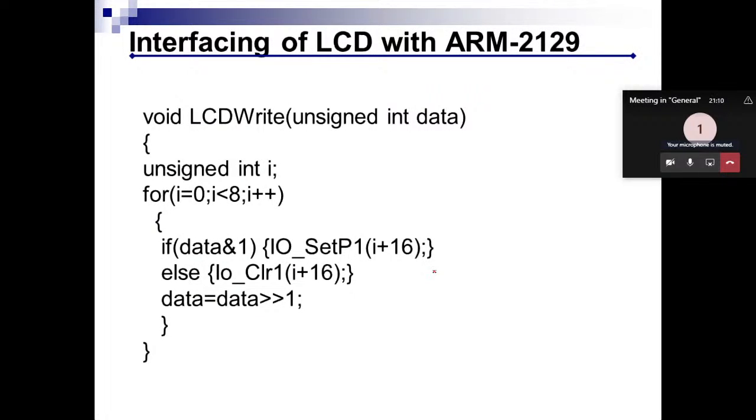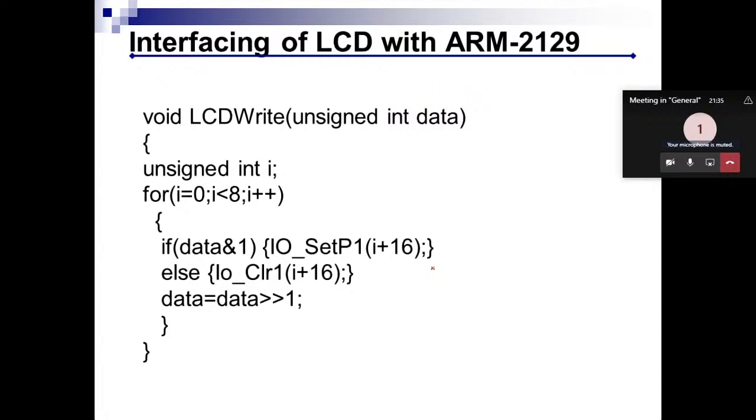Then another routine which we require in LCD is the LCD write routine. In that write routine, we will write the different bits to the IO pins. We have 8 data lines, so in this 8-bit mode, we will be using 8 pins of the microcontroller to drive the LCD.